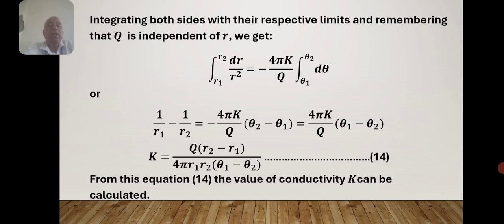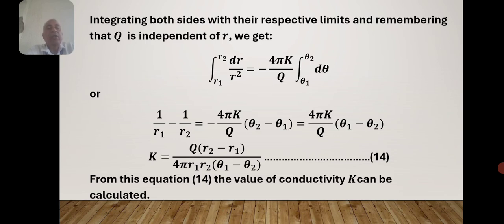Here, minus 4 pi K upon Q is a constant and hence it is taken outside the integration sign. Now integrating the left side, the integration of 1 upon r square is minus 1 upon r, and putting the limits, it becomes 1 upon r1 minus 1 upon r2 equals minus 4 pi K upon Q into theta 2 minus theta 1.